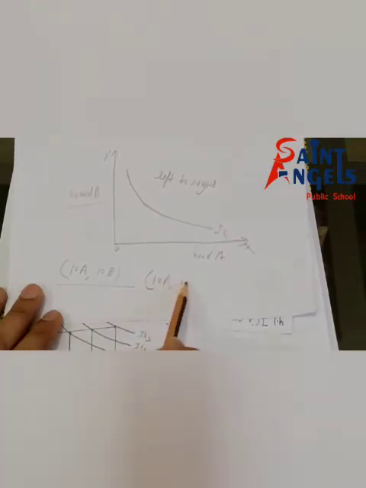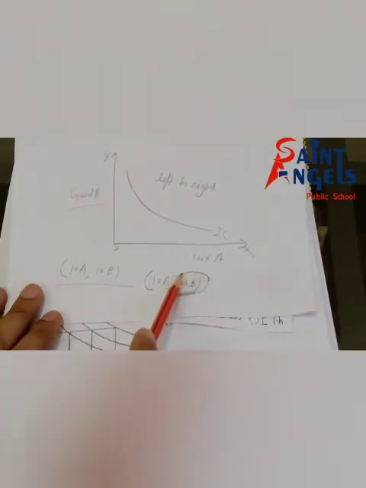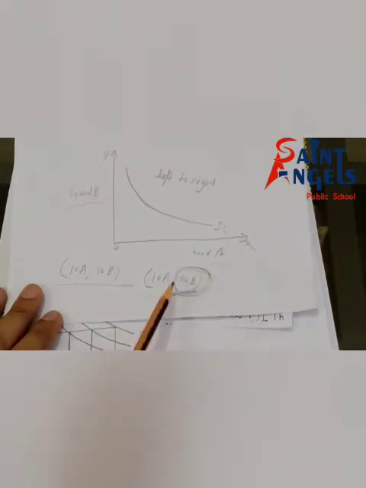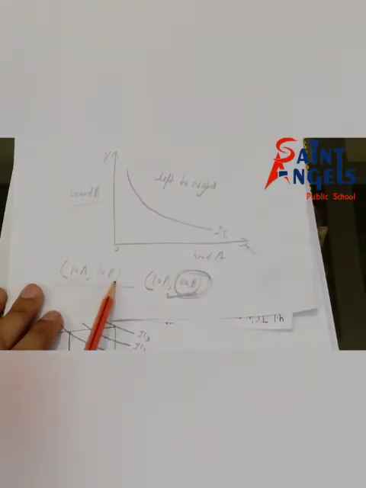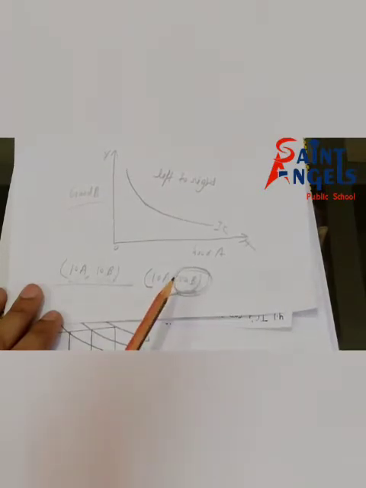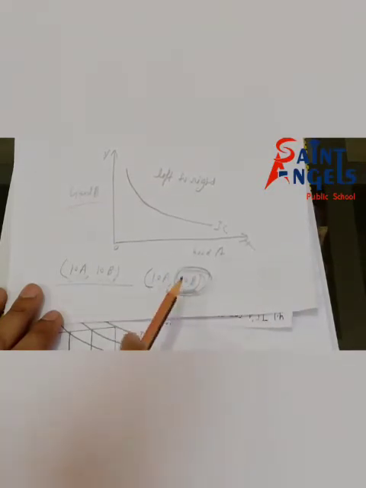10 apples and 20 bananas: you will prefer this bundle because it consists of more units of the good banana, and this combination will provide a higher level of satisfaction as compared to the other bundle.